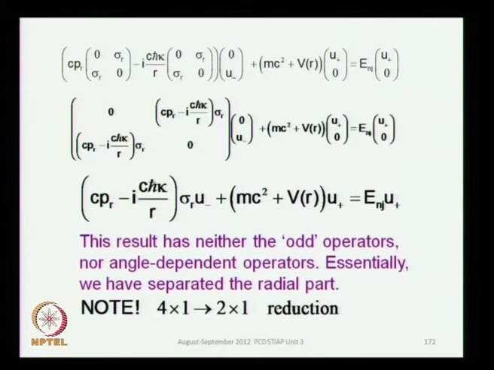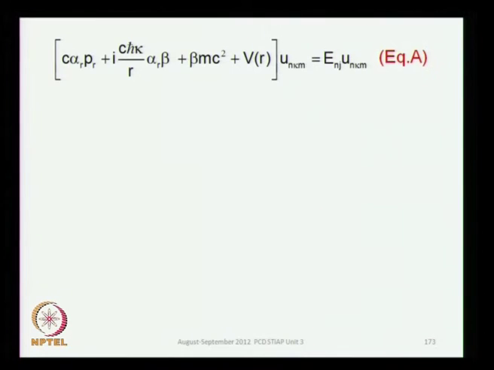From the remaining 2 rows you get 0 equal to 0 and you are not losing anything, as you knew it even before you were born, right. And you have an essential 2 by 1 structure.